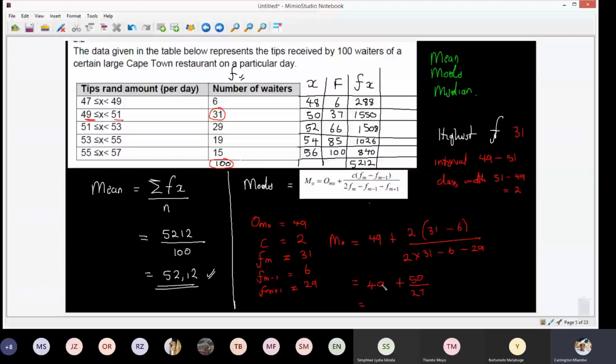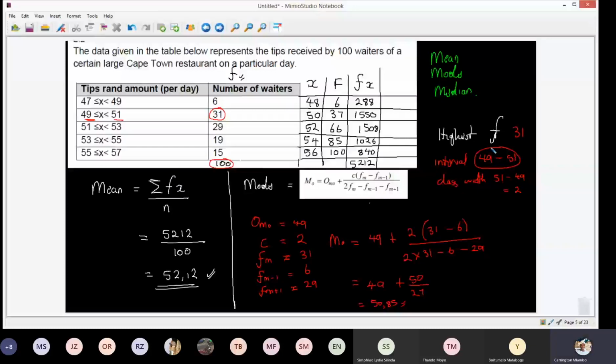Then you get 50.85. Do you see 50.85 falls within your interval 49 to 51? If your answer falls outside the interval, it means it is wrong. That's how you do this.